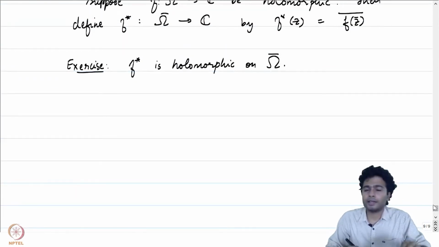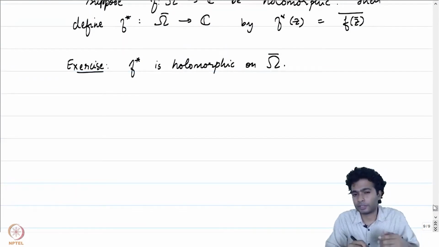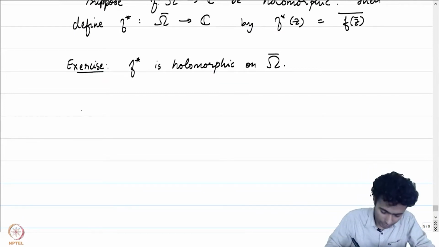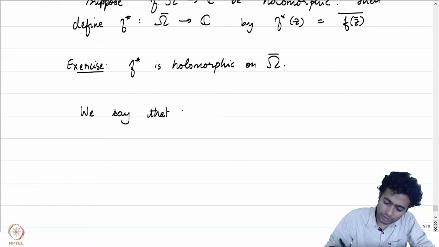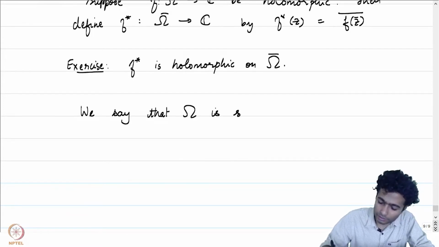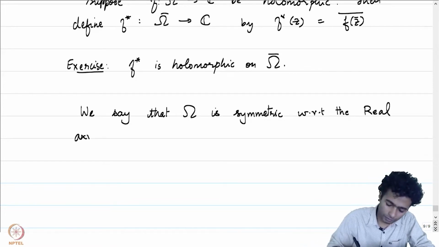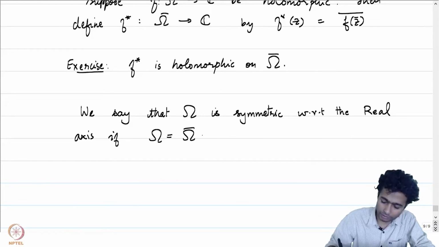Now, we say that a domain omega is symmetric with respect to the real axis if omega is equal to omega bar.